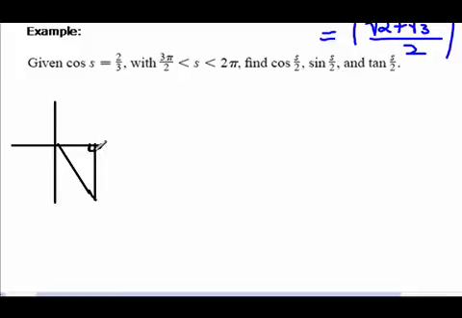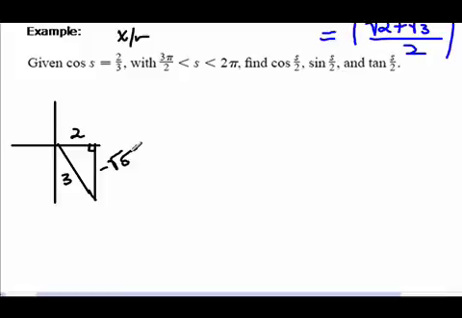So that tells us x over r is 2/3. R would be 3. X would be 2. And what's the missing side end up being? Square root of 9 minus 4, the square root of 5, right? In the negative direction.